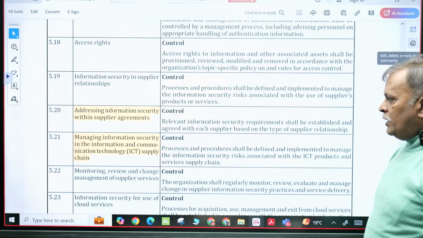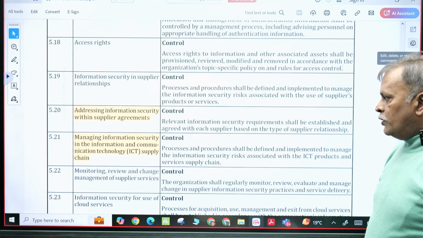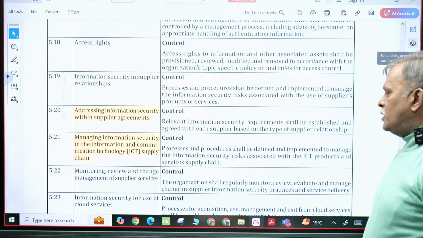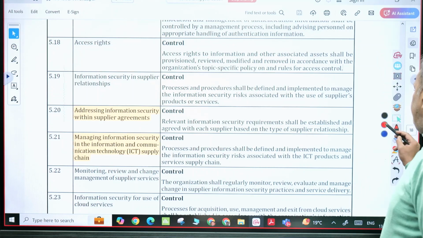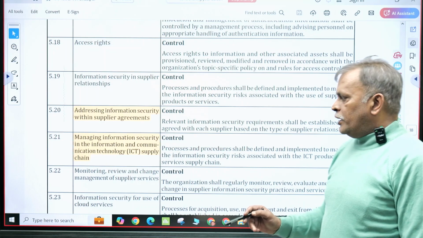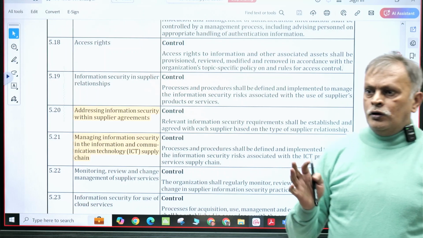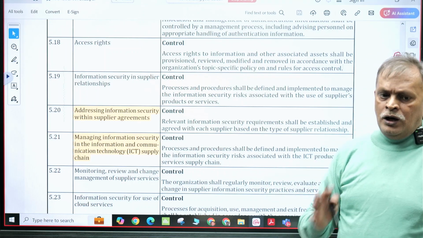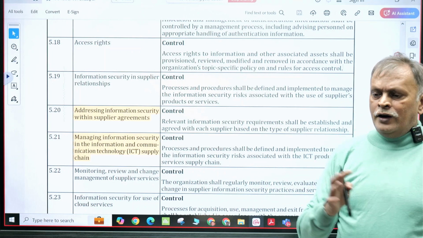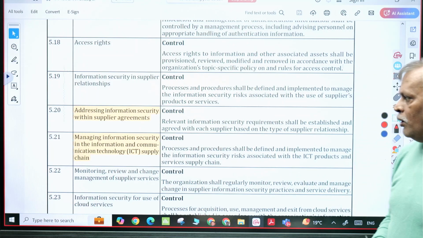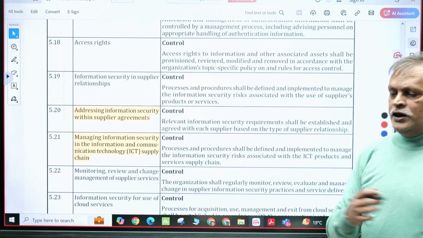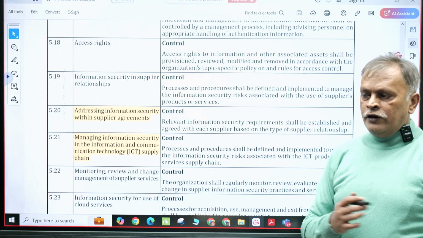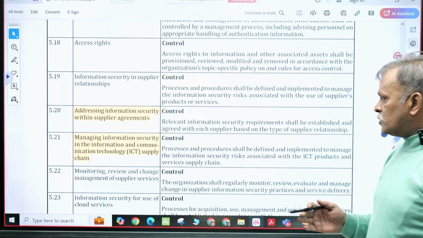Next, 5.21, managing information security in the information and communication technology supply chain. The entire information technology supply chain, right from your hardware, software, middleware, firmware, whatever is being deployed, you have to realize that the entire supply chain will have certain security vulnerabilities, certain threats, risks.